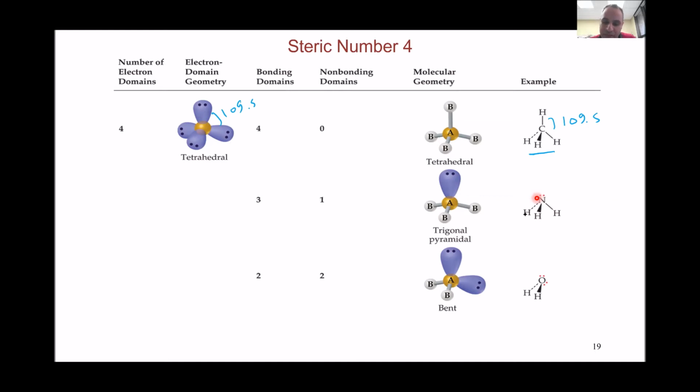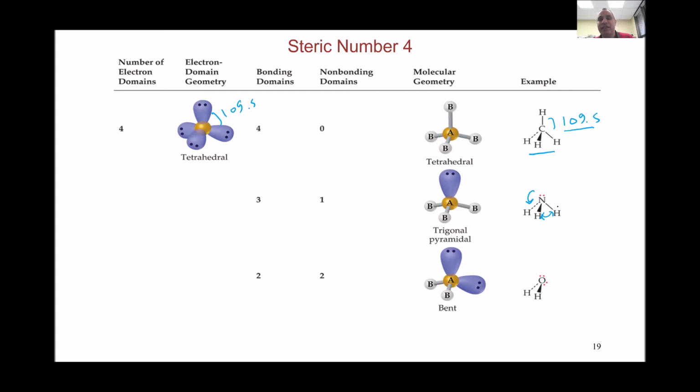So that means the angle between the atoms is ideally 109.5. However, it's going to be smaller than 109.5 because, as we said previously, repulsion between lone pairs and bonding pairs is larger than repulsions between bonding pairs and each other. So that's going to cause the angle between bonds in this structure to get a little bit smaller than 109.5.